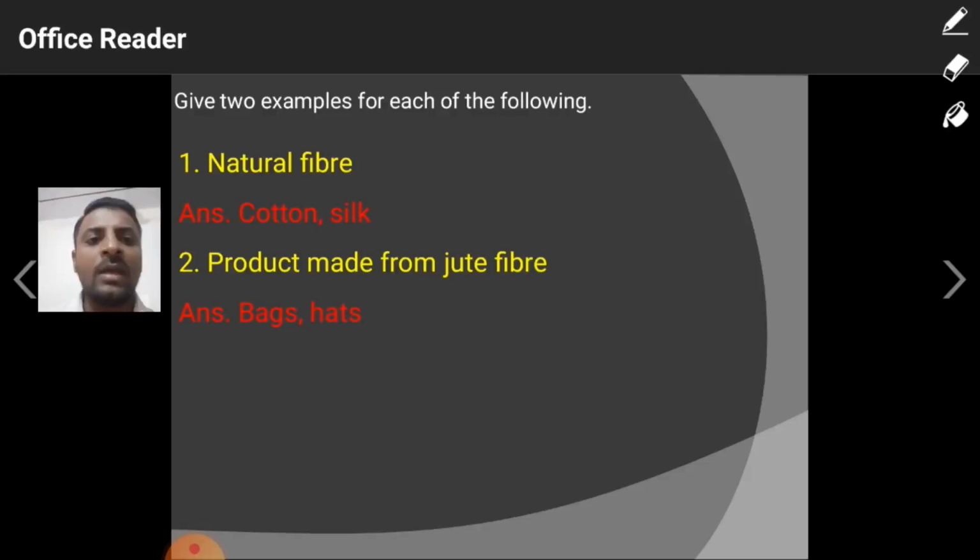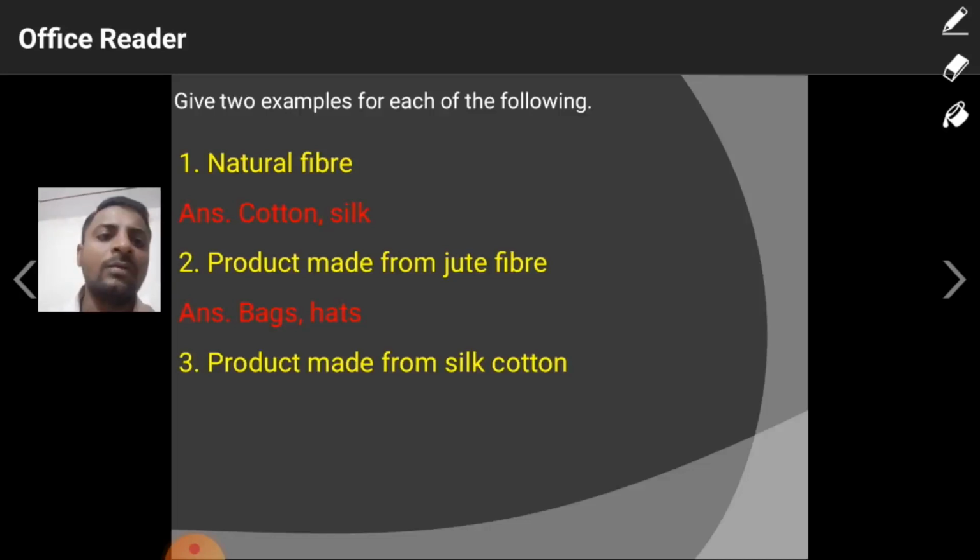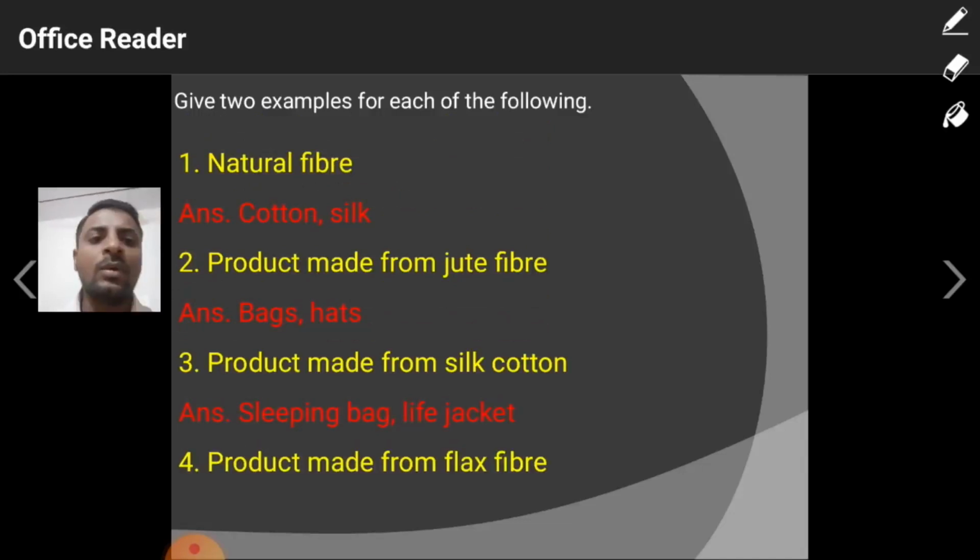Answer is bags, hats. Products made from silk cotton are sleeping bags, life jackets. Products made from flax fiber, linen and rope. So here our objective part is over.